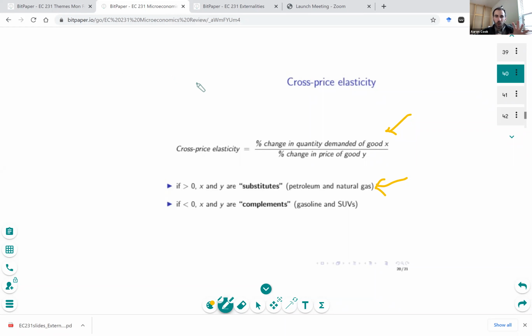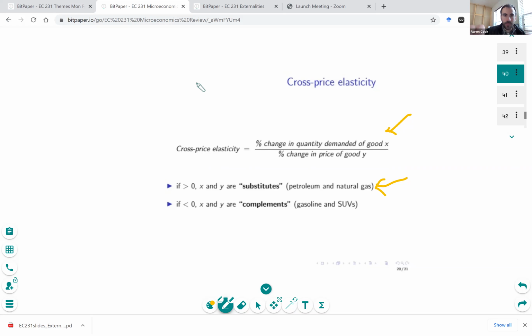We have petroleum and natural gas, or coal and natural gas, or something like that, where if the price of one goes up, you can switch to the other. And so if the price of natural gas goes up, you could switch to petroleum, and the demand for petroleum would go up as the price of the other good goes up, because they're close substitutes for one another.